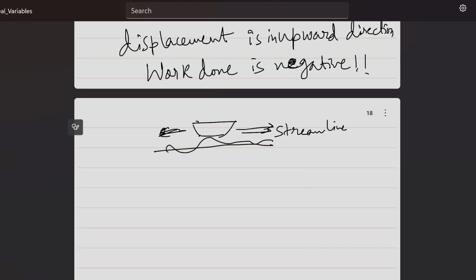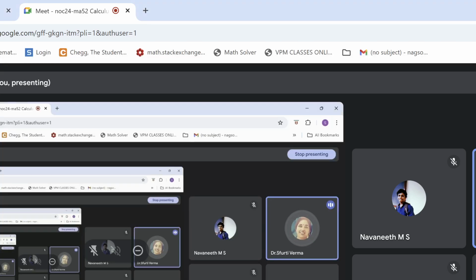Ma'am, you are saying like this, right? So work done means displacement. When we are rowing a boat, when there are competitions of boat rowing.